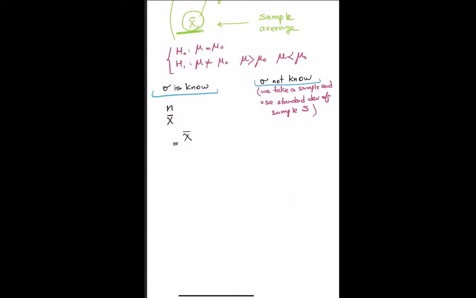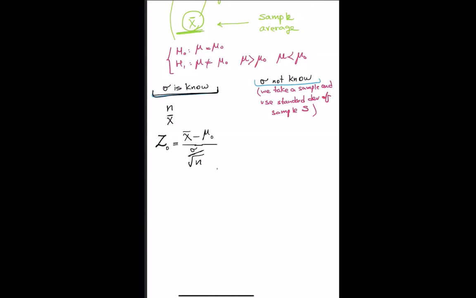If sigma is known: X bar minus mu naught, divided by sigma over the square root of n. Is this familiar, guys? Why are you not answering? Okay, and the notation for that was Z naught.